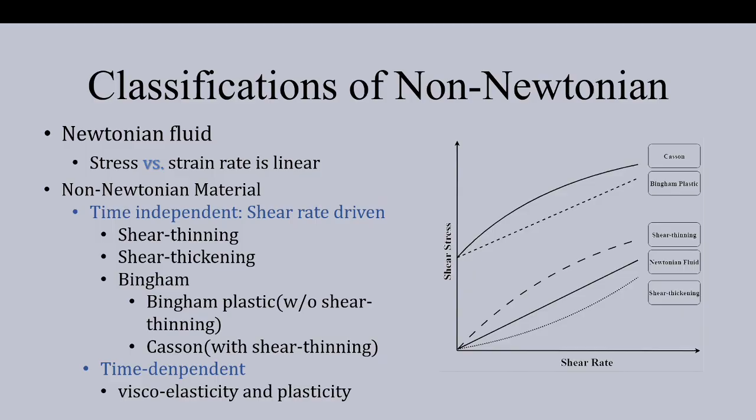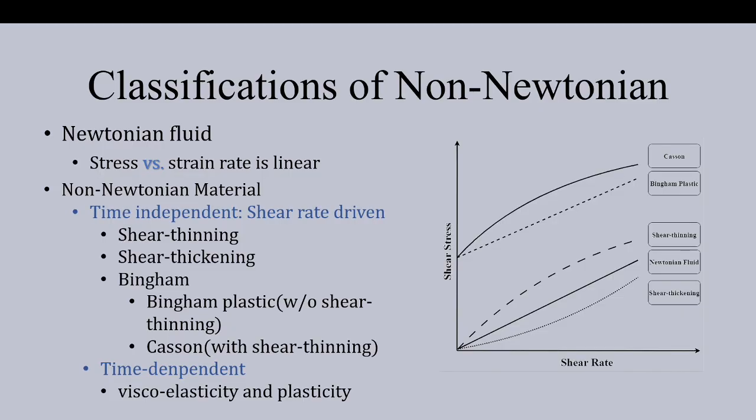Unlike Newtonian fluid, non-Newtonian fluid has a nonlinear stress-strain rate relation. There are 2 types of nonlinearity: time-independent and time-dependent. For time-independent nonlinearity, we can use the shear rate-driven models to give a spatially variable viscosity to model it.